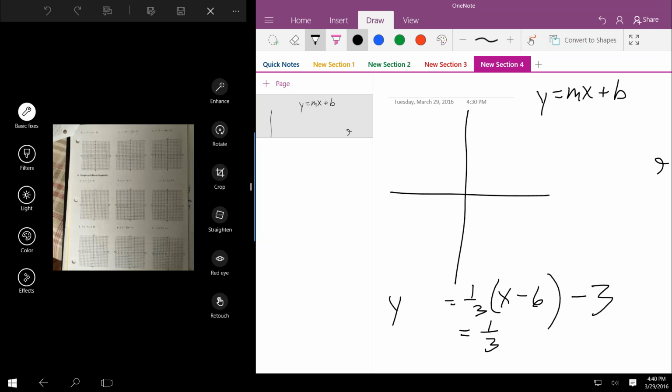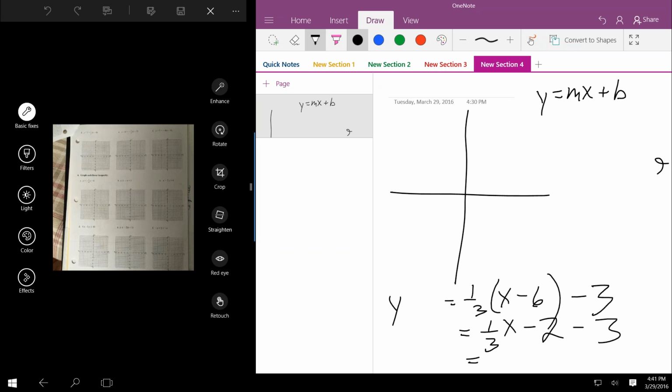Well, let's tackle the x first. In other words, I have to multiply this 1/3 by both the x and the minus 6. Okay, so 1/3 x minus 2, plus the minus 3. Yeah. That's why I prefer to distribute first before I move the 3 over. It's less confusing.